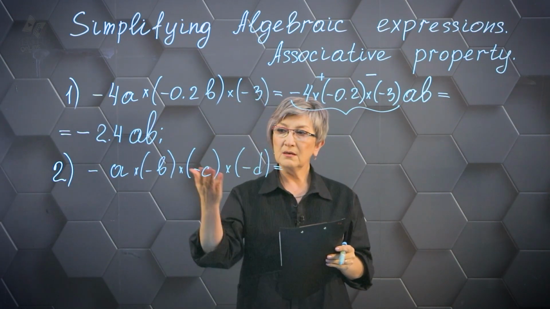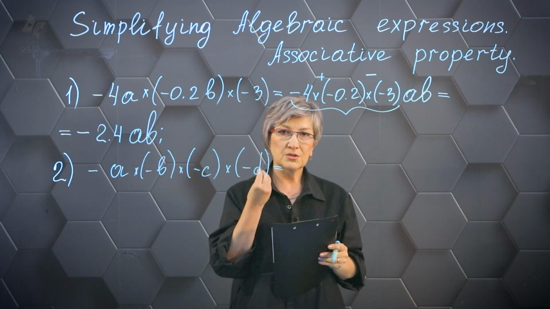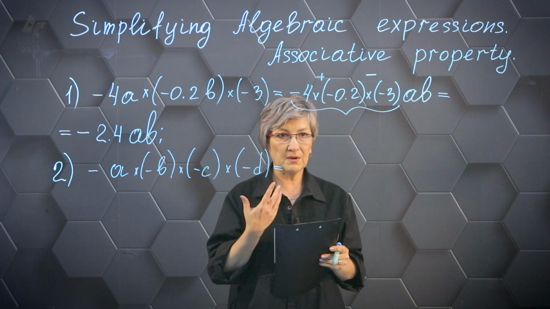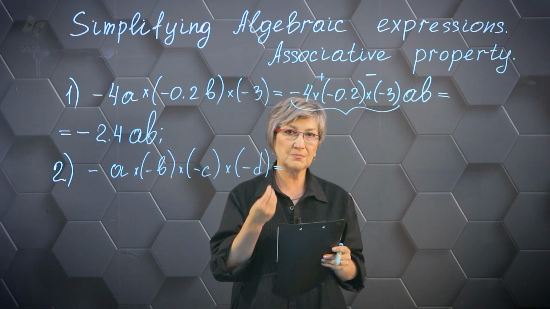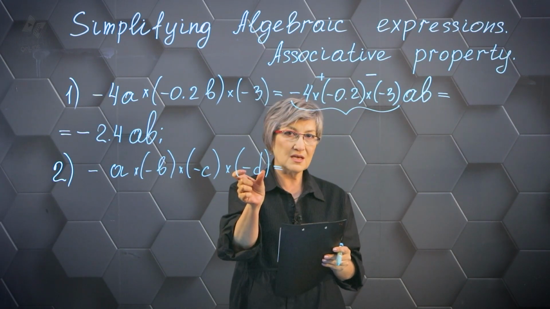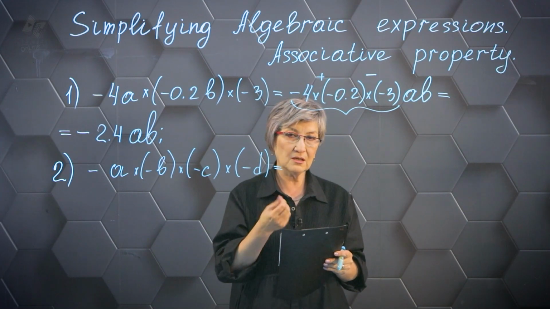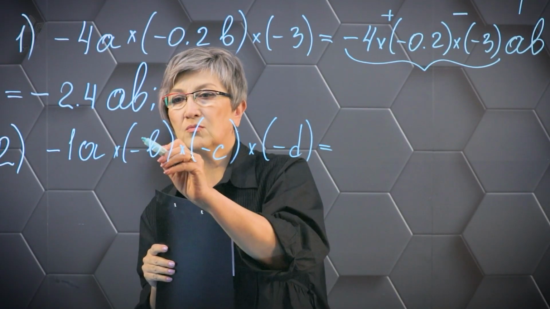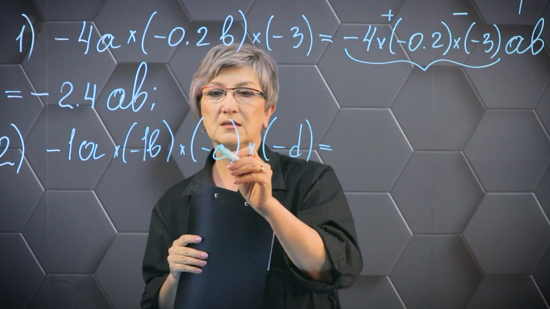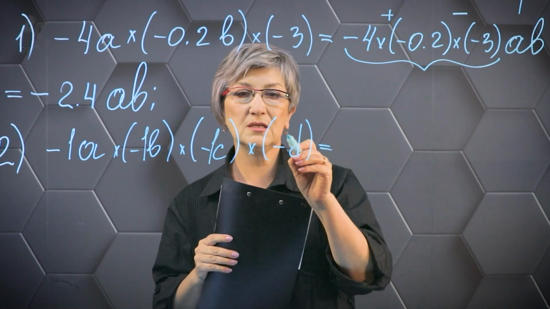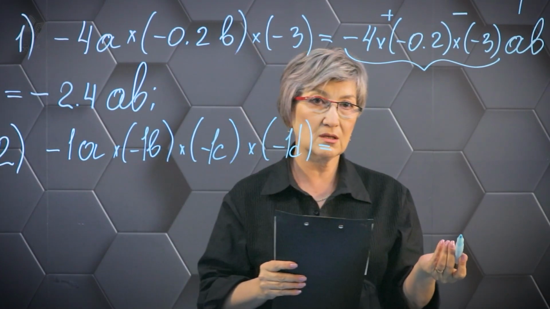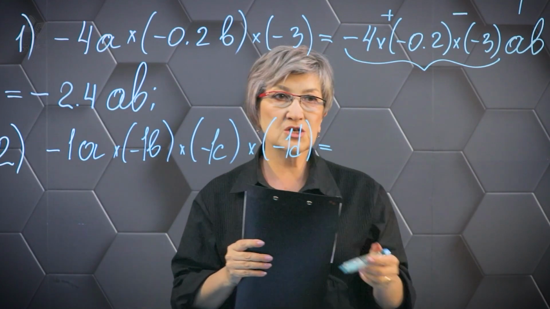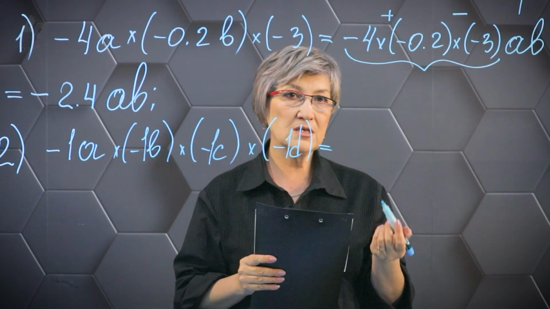In this example, we don't see the numbers, but if the number isn't written down, it is 1. The result is minus 1 multiplied by minus 1, multiply by minus 1 again, and multiply by minus 1 again.